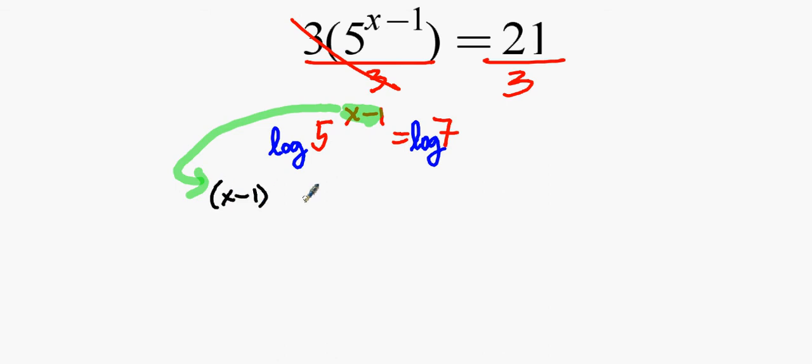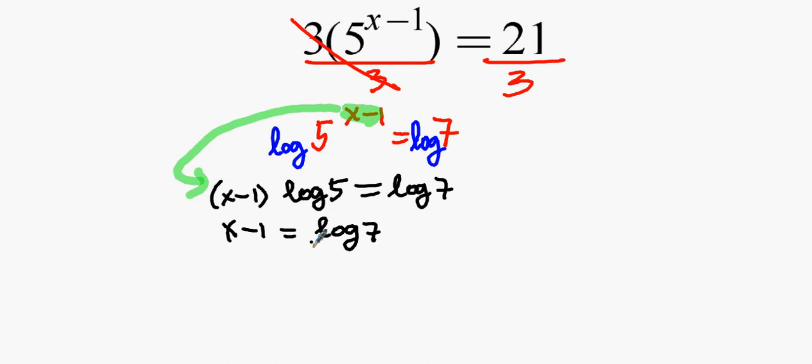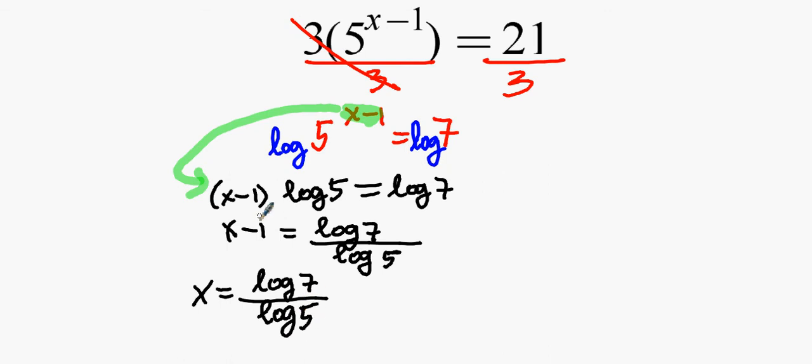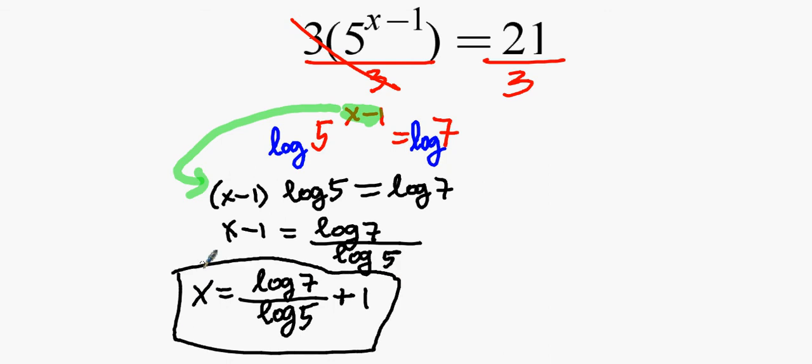So we have x minus 1 times log 5 equals log 7. So x minus 1 equals log 7 divided by log 5. So then x will equal log 7 divided by log 5, and then take this negative 1, put it over here, makes it positive. So this would be our answer.